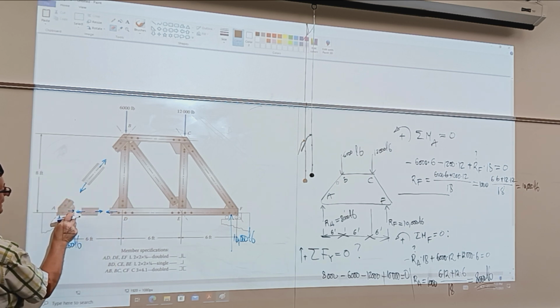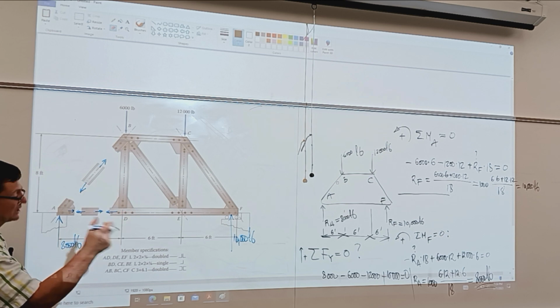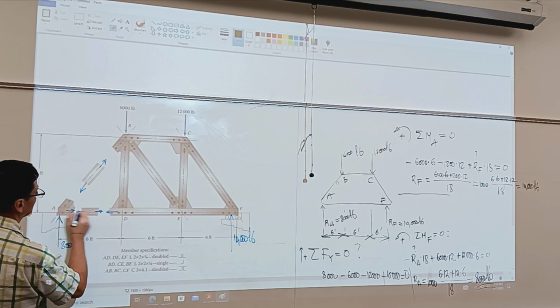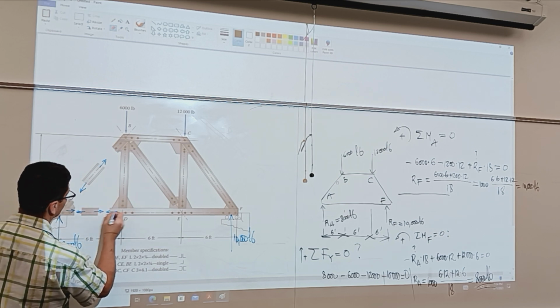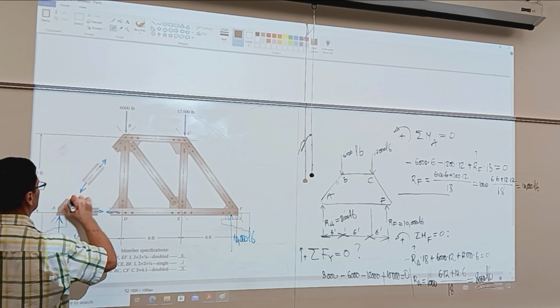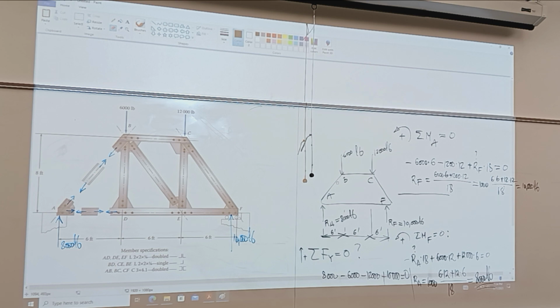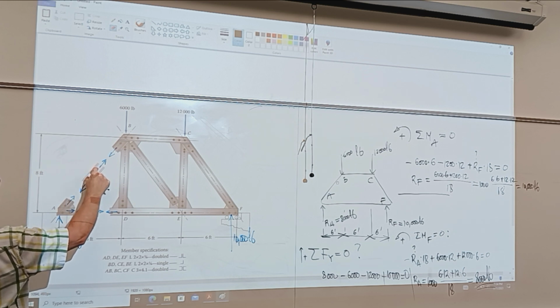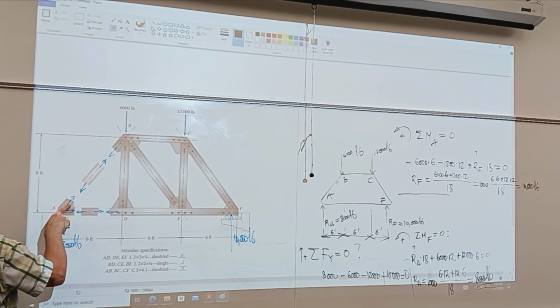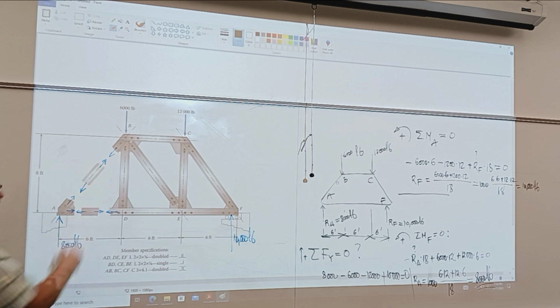When I put in place this and this, externally they cancel each other's effect. Internally, they stress the links. And I'm assuming, like I said, all of them to be in tension. It means that a link in tension causes a force at the node that is away from the node.